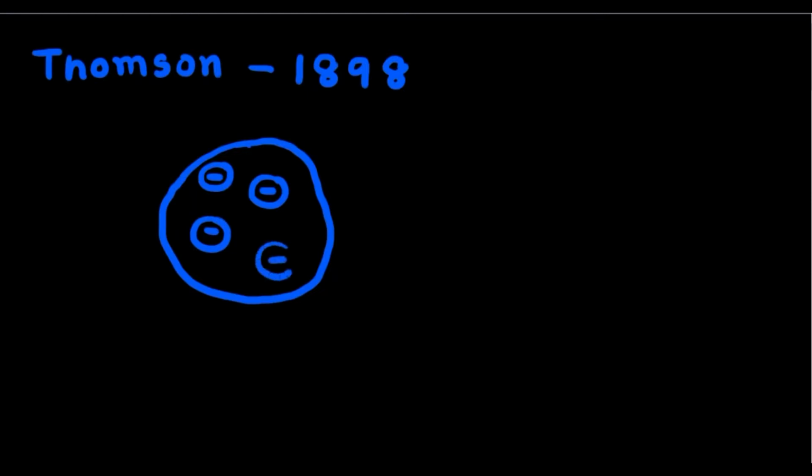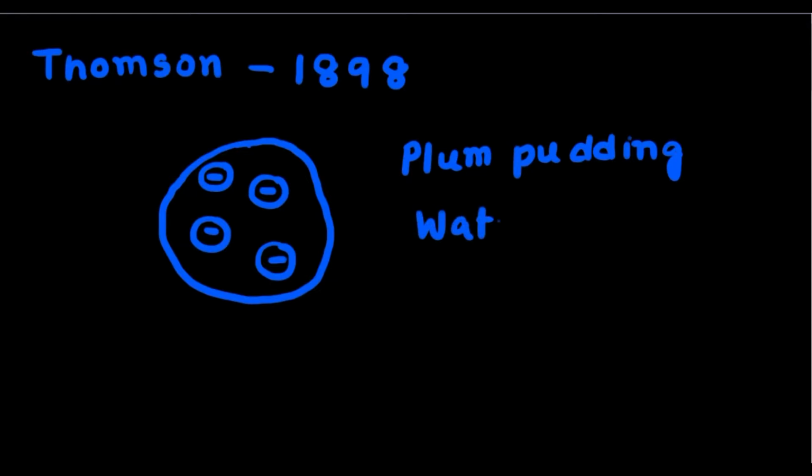This model was given various names such as plum pudding, watermelon model, etc. This model can be visualized as a pudding or watermelon of positive charge with plums or seeds embedded into it.